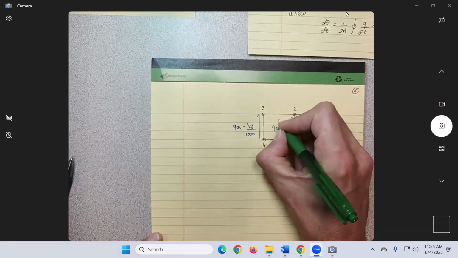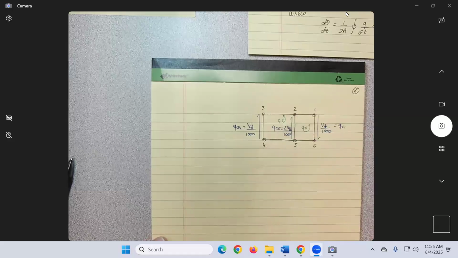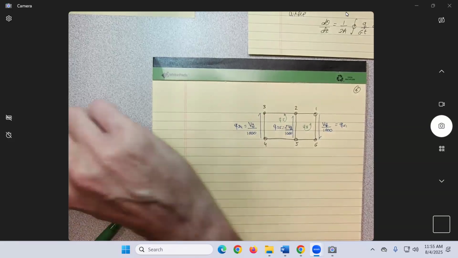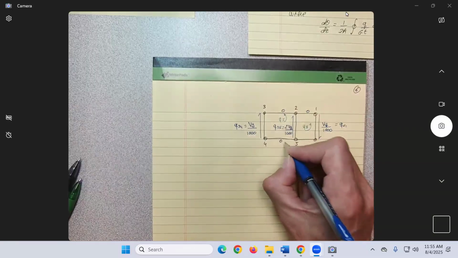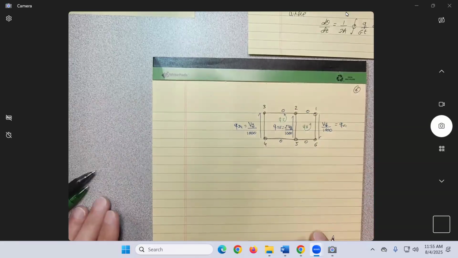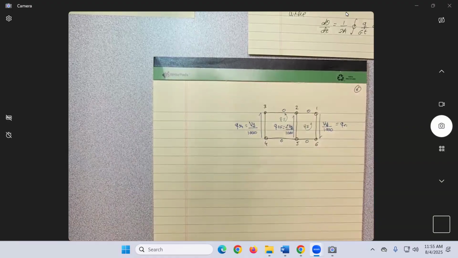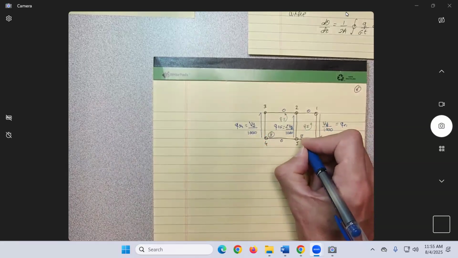Here we have Q1. There'll be too much on this figure. Well, that's what it is. And remember, all the other shears here would be 0, 0, 0, and 0. So this will be our cell 1, our cell 2.